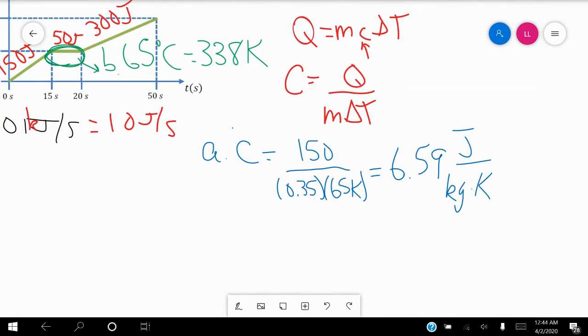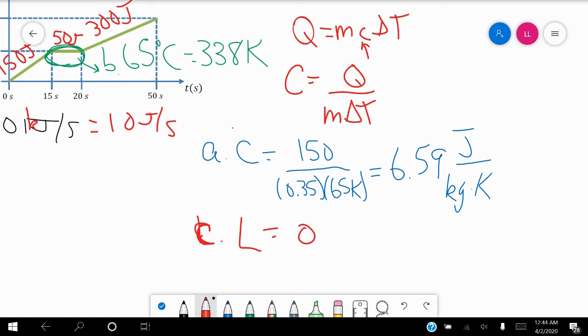We answered part B, which was the temperature. Part C now looks at what is the latent heat for that particular situation. So that's just simply Q equals mL. All right, and then we solve it for L, that's Q over m.